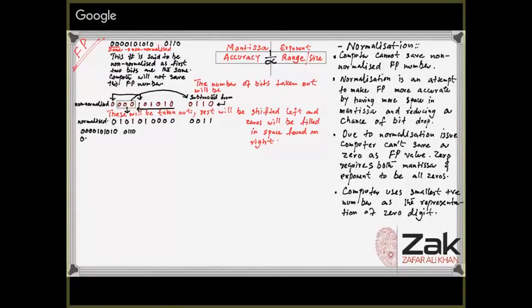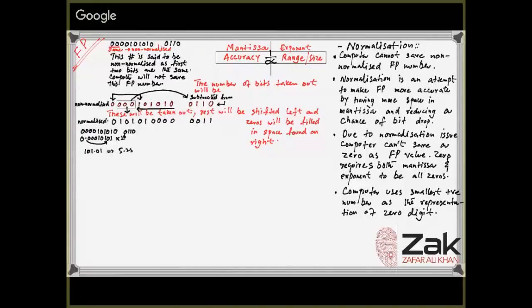Now, several times in past papers, a question appears that asks how these two numbers, the non-normalized and the normalized, are equal. So you have to solve both side by side to show that these two are actually the same. Since we adjust the exponent, there is no difference in the number. Let's see how. If we solve this number, it would be 101.01.